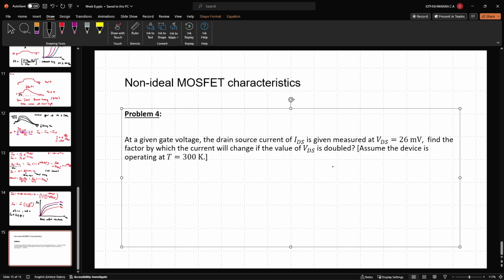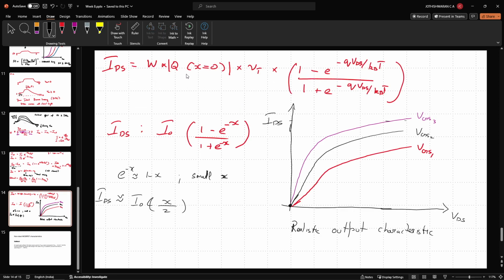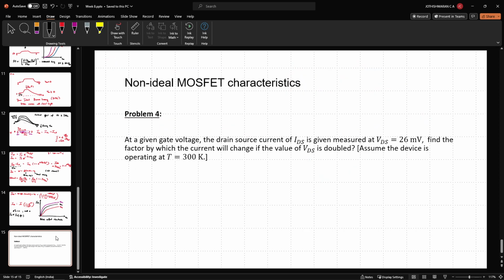VGS remains constant, and as an added thing, assume that the I naught constant that I defined here does not change by much when the voltage is doubled. So I will also state that here: assume I naught from previous slide remains constant.